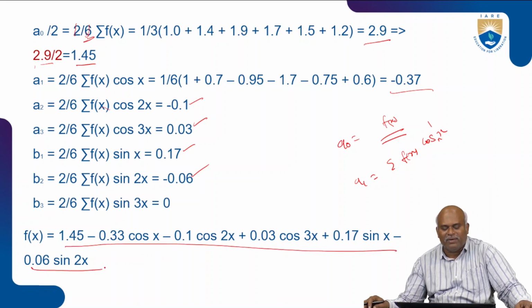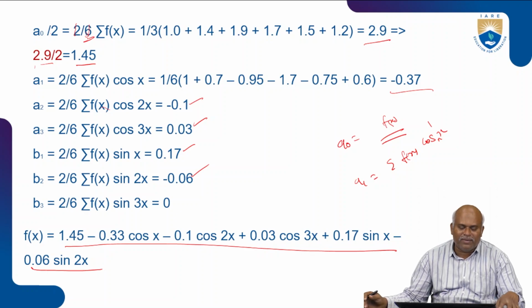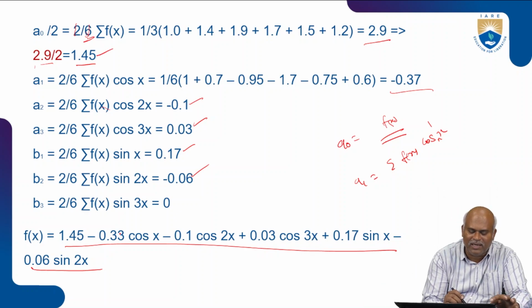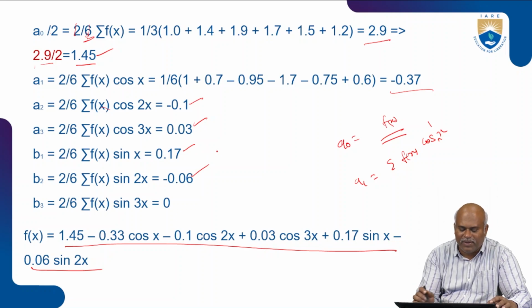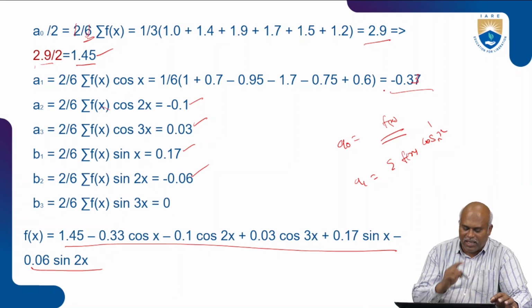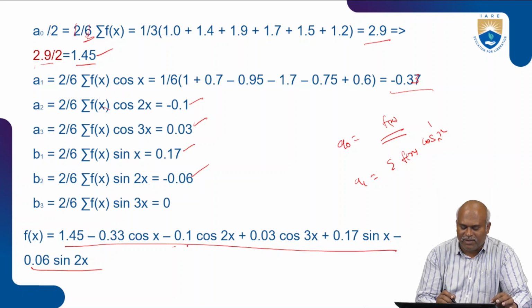We got f of x equal to 1.45, then a1 equals 0.3, this is 0.33, cos x minus 0.1, that is a.